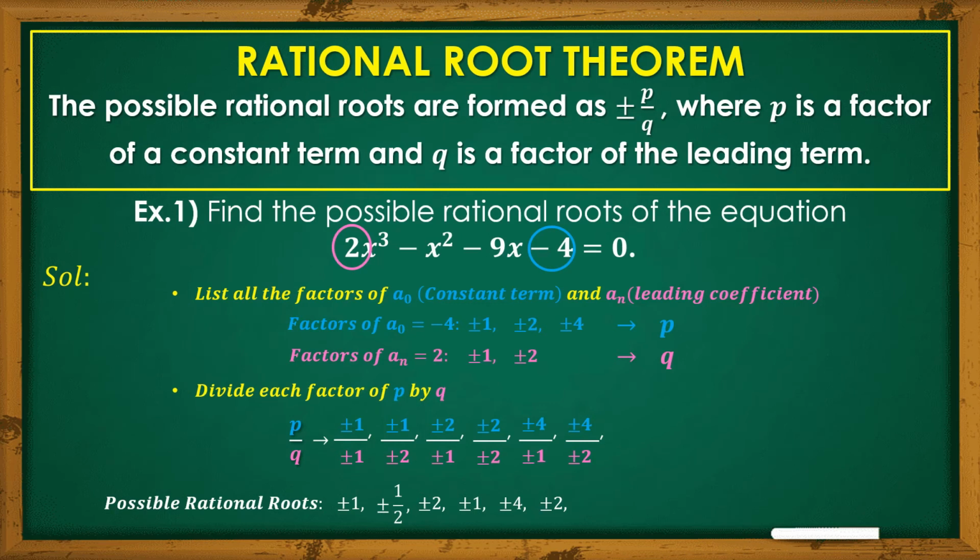So to simplify and to have the final answer, isa na lang ang isusulat natin for the possible rational roots. These are the positive and negative 1, positive and negative 1 half, positive and negative 2, and positive and negative 4. These are the possible rational roots of our example number 1 using the rational root theorem.